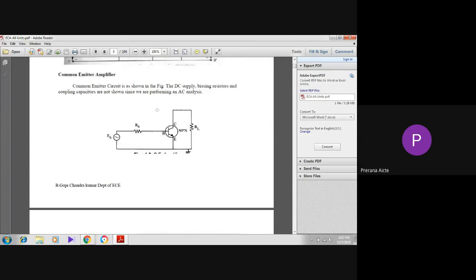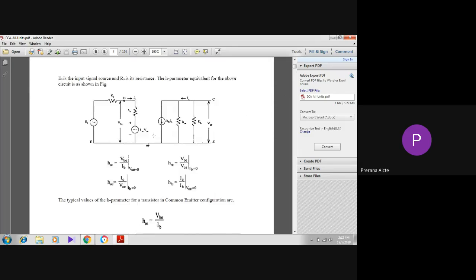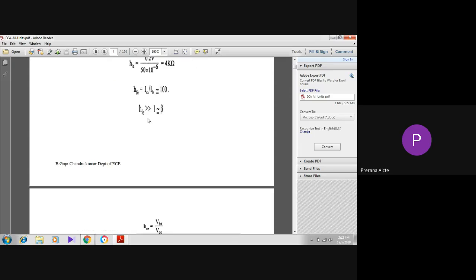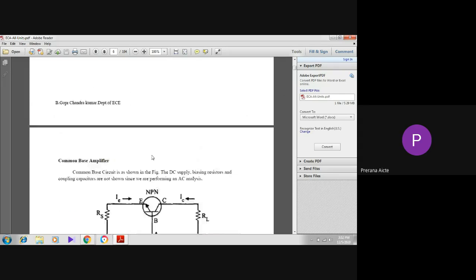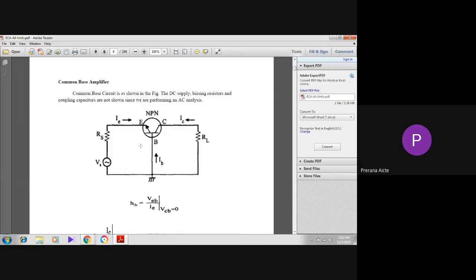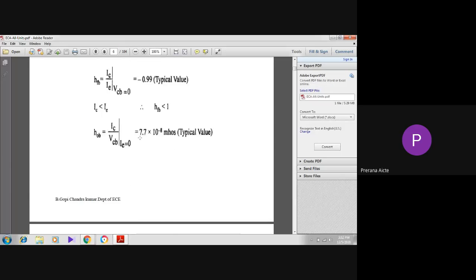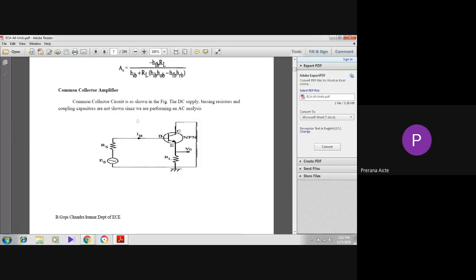Then the common emitter BJT equivalent model, common base, common collector, formulas, voltage gain, current gain. Similarly, the common base amplifier and those H parameter values. Similarly, common collector: the main point is that another name of common collector is emitter follower, and this is the circuit.